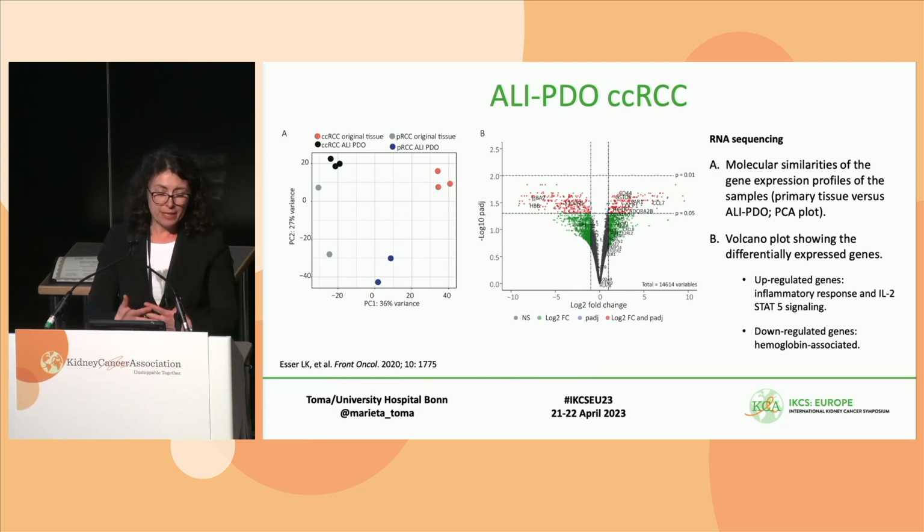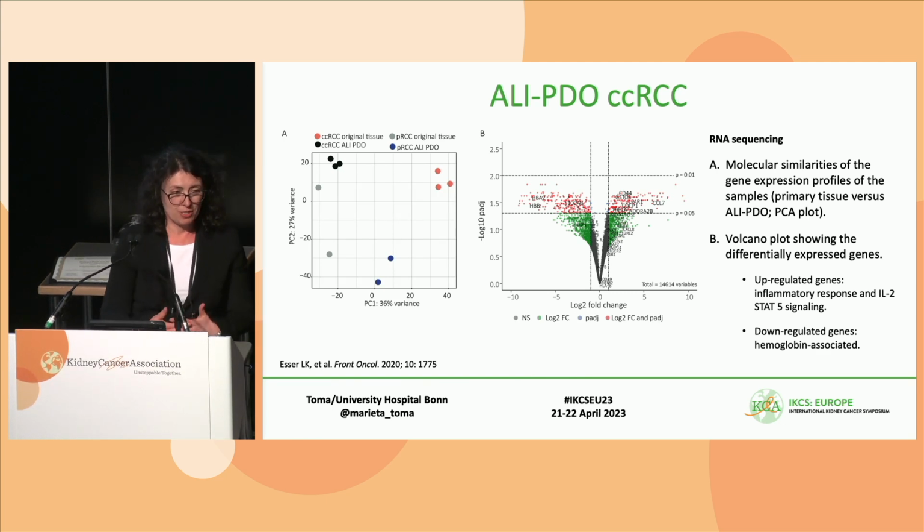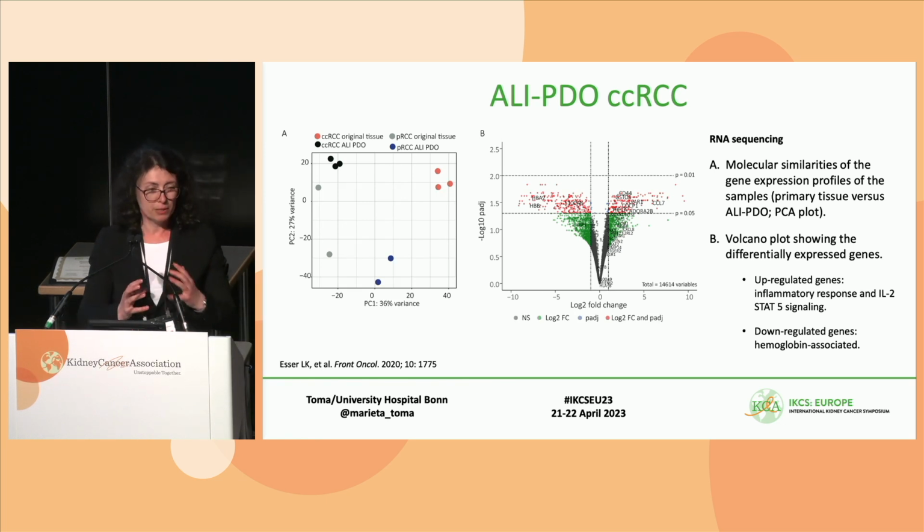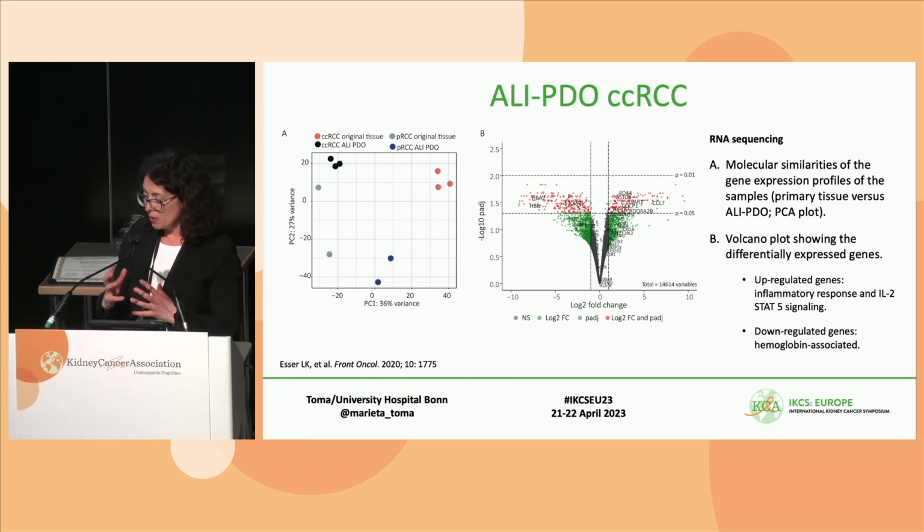Our explanation was we don't have circulation. It's a complex structure, but without vessels. And that's why the hemoglobin is downregulated. And on the right side, we have the upregulated genes, and they are mostly involved in inflammatory response, IL-2, STAT5 signaling. Our explanation was we are giving IL-2 in the media, and probably it's because of this additional IL-2 in the media.